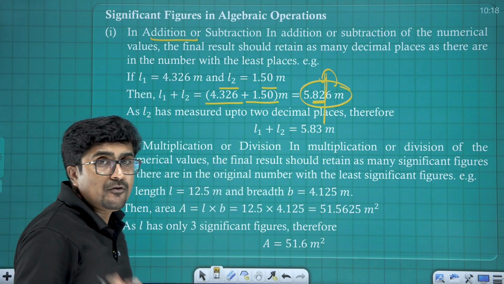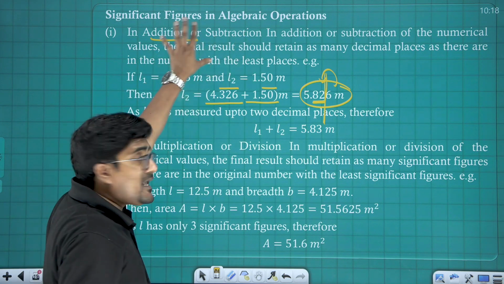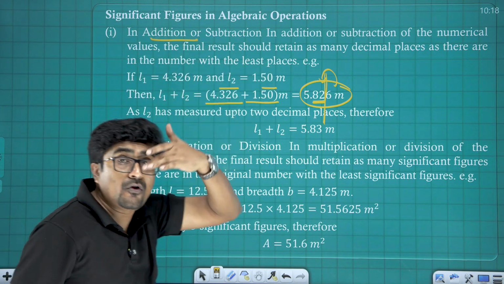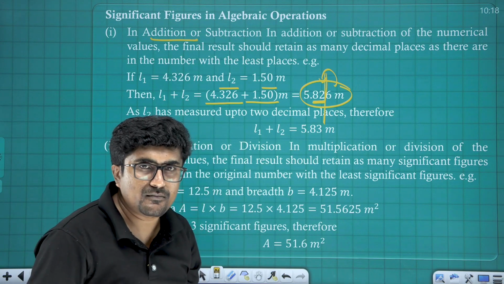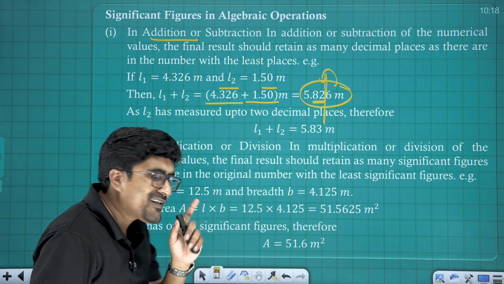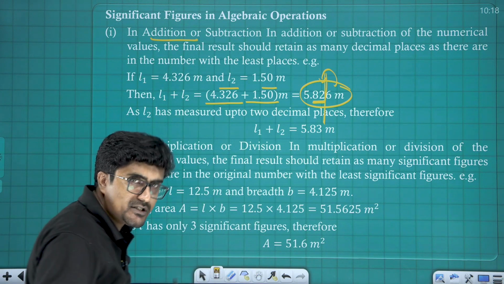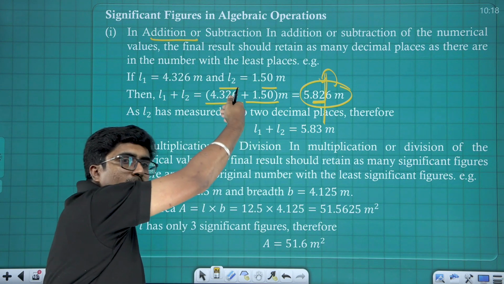Next, what if multiplication or division is happening? First, what we followed for addition, the same is going to be for subtraction as well. Now, next is for multiplication as well as for division. For multiplication and division, it's totally different from the concept that we used over here.